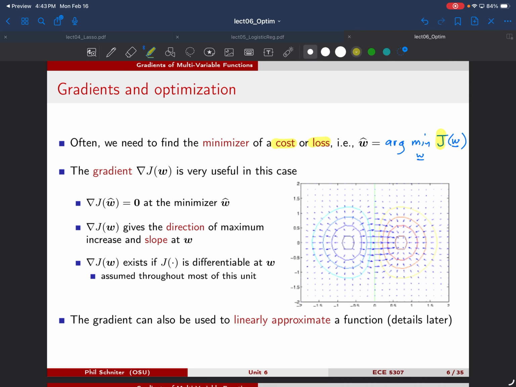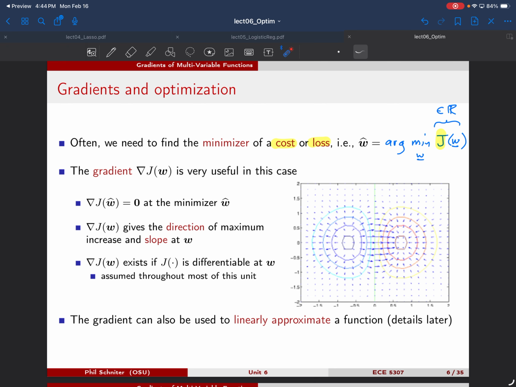And so this is going to be a function that takes us from our tunable parameters to a real number. And what we said back in Unit 2 is we can exploit the gradient, at least sometimes. So let's be a little bit more precise.